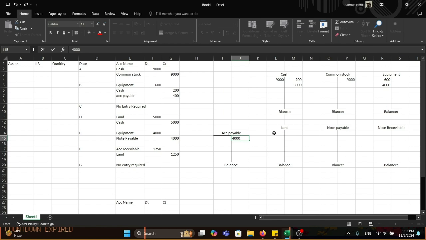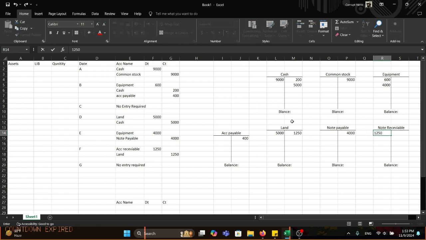And on the land side, you can have it on both sides because we bought land over here and we sold land. So you're gonna write in the land 5,000, and on the credit side, you're gonna write 1,250. Note payable is gonna write it on 4,000. I'm sorry about this, but this is only 400. I wrote that wrong. It's account payable 400 over here, and note payable is 4,000, and account receivable is 1,250.